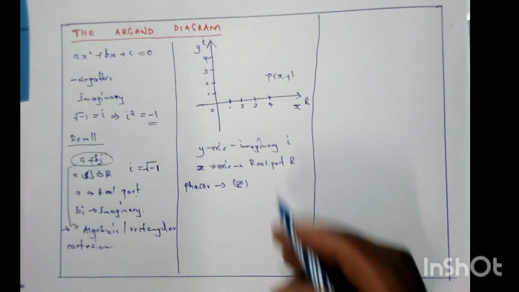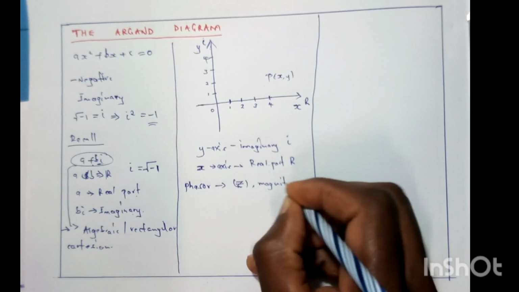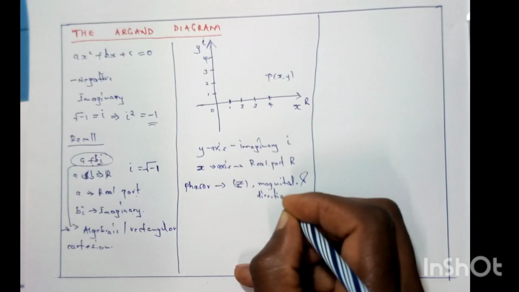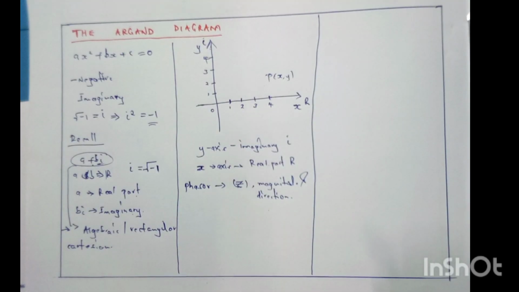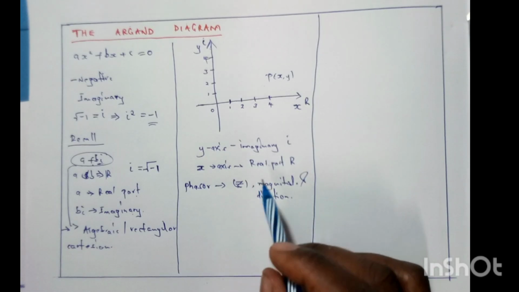And this phasor is going to have a magnitude and direction, having the normal characteristics of ordinary vectors, as we have said from this illustration.